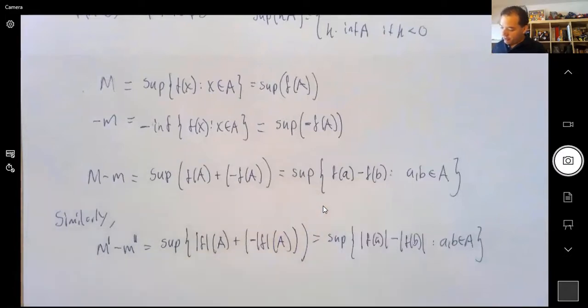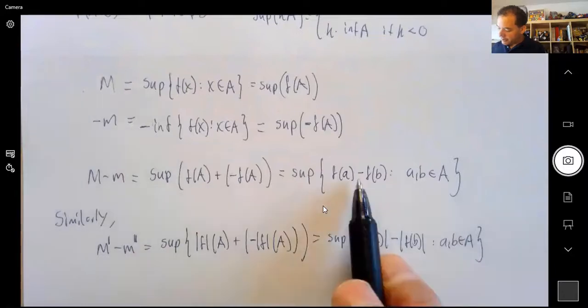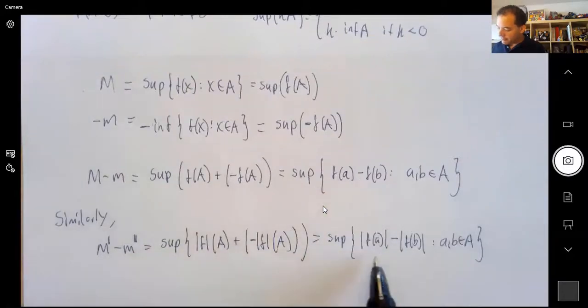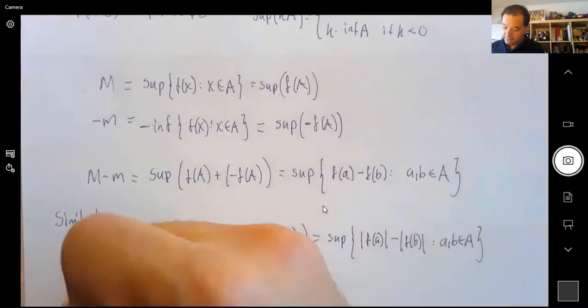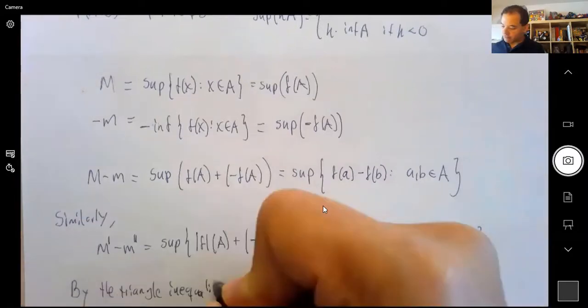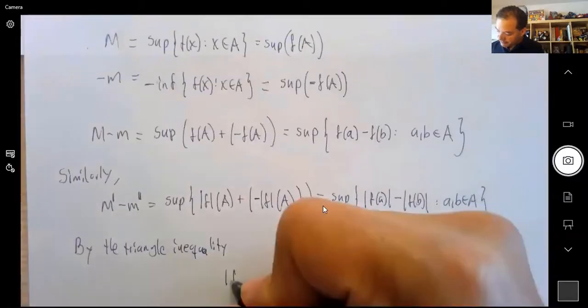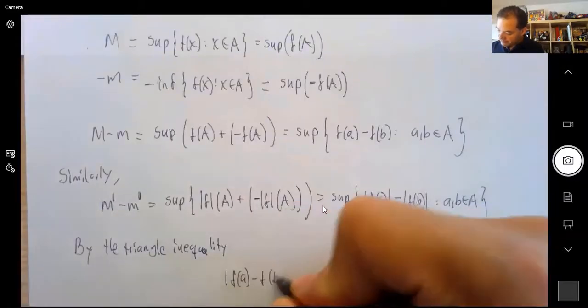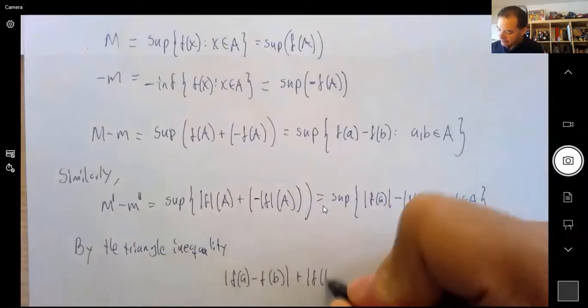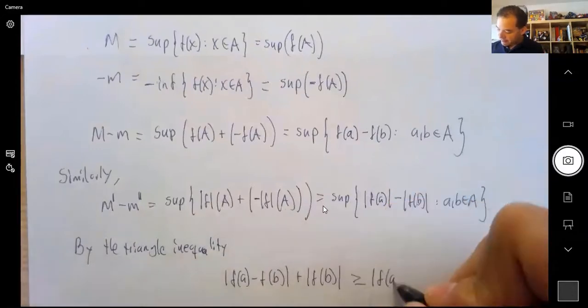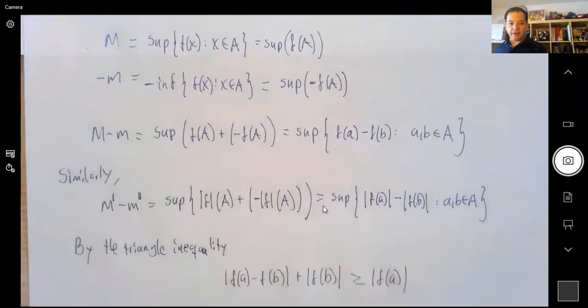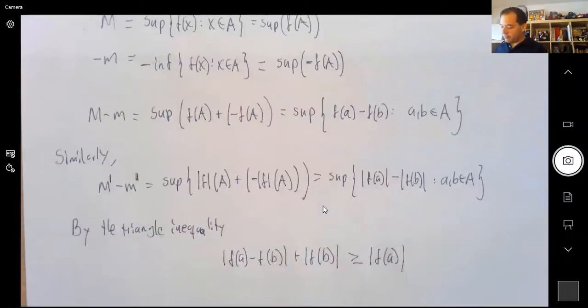Then all we need to show is that this number is bigger than these ones over here. And that is true because by the triangle inequality, f of a minus f of b plus f of b is bigger than f of a. That's the triangle inequality for arbitrary numbers.